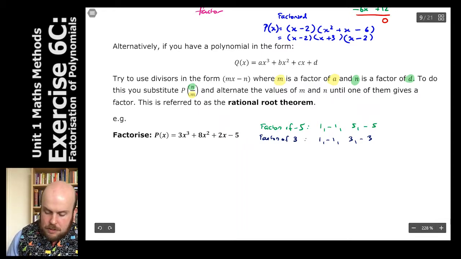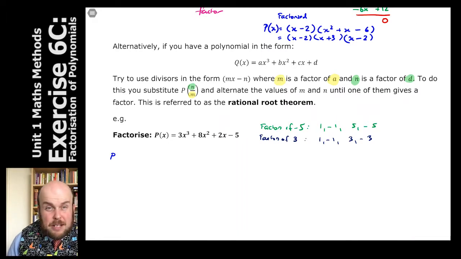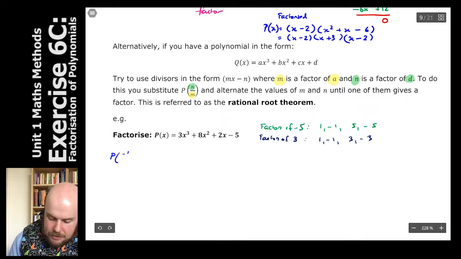So I'm going to try what I would normally do, my go-to. We've got a lot of positives here, so I would try some negatives to cancel some things out. So I'm going to go -1 over 1.